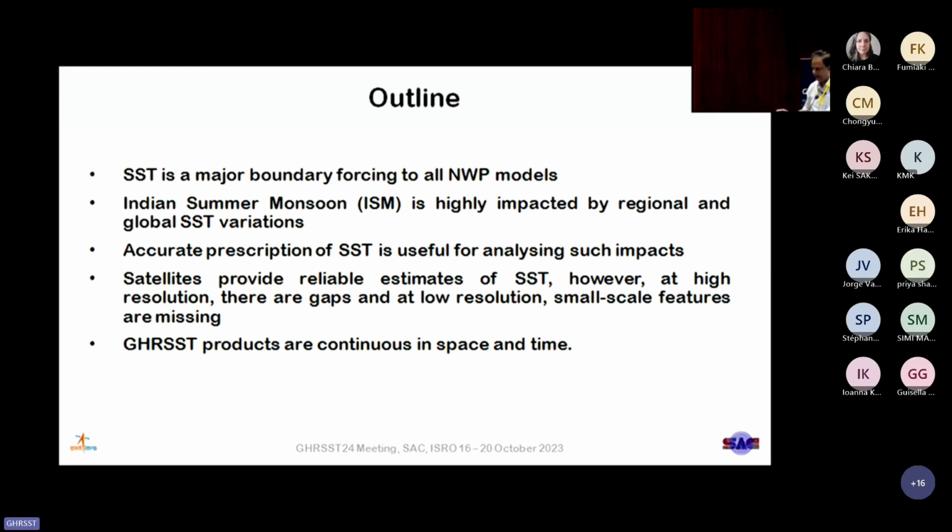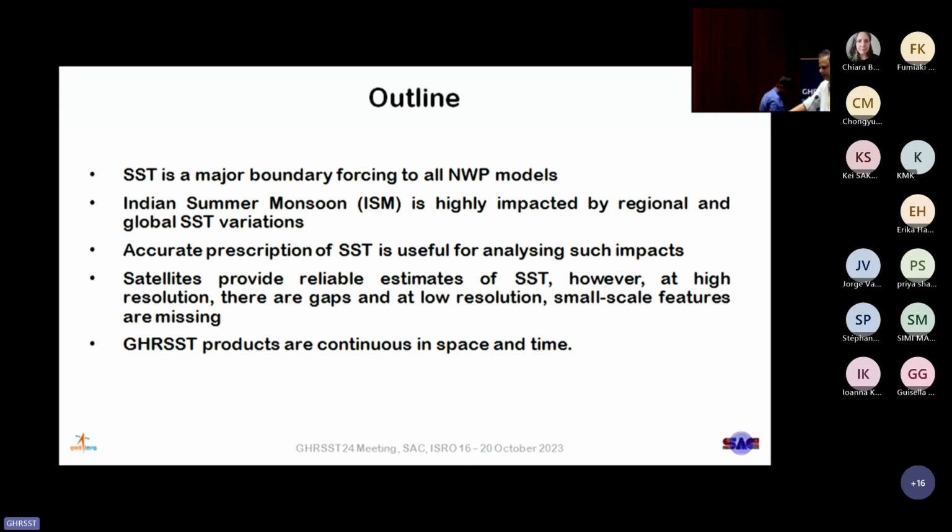And as far as the weather forecasting models are concerned, they make use of either the forecasted SST or a persistence SST for real-time applications. However, to analyze a hindcast event or a special event, it is important to prescribe the most accurate sea surface temperature as a boundary forcing. Now, satellites give a very reliable estimate of sea surface temperature.